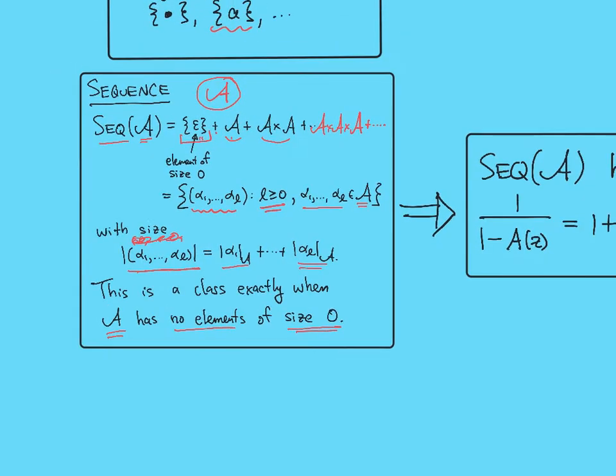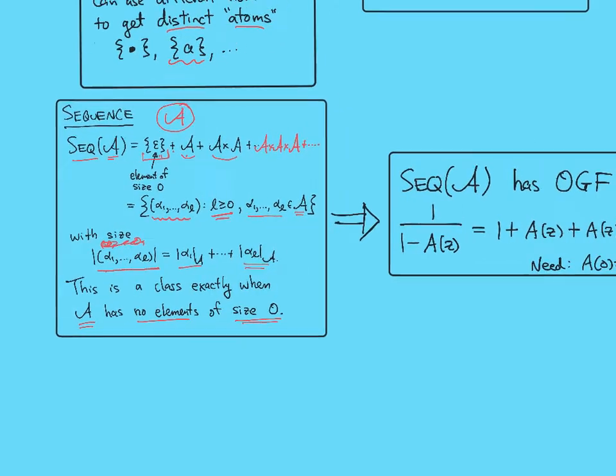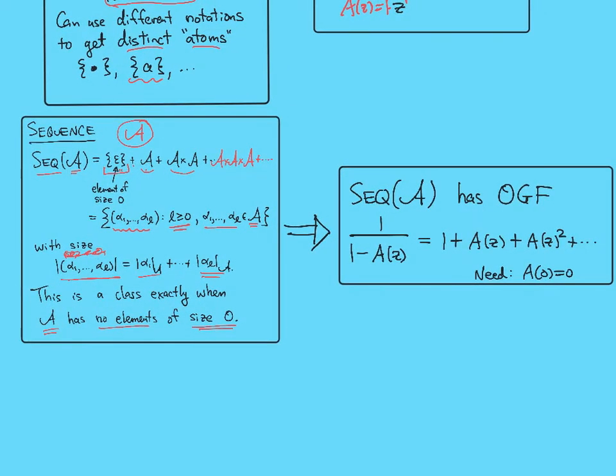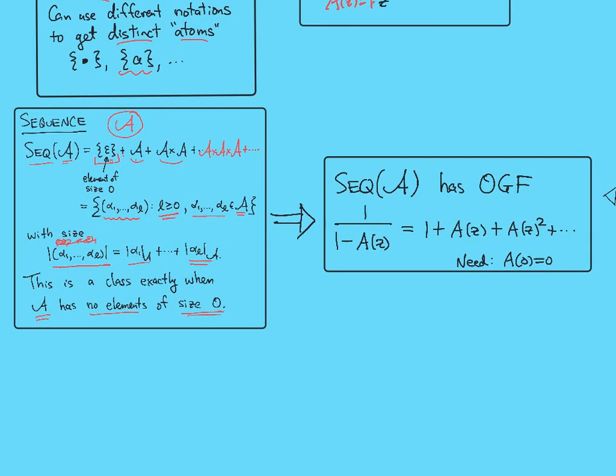Okay, and so what does the sequence construction do to generating functions? The sequence of A has ordinary generating function 1 over 1 minus A of z, and we do need this condition that A has no elements of size 0, which corresponds to A of 0 equals 0.